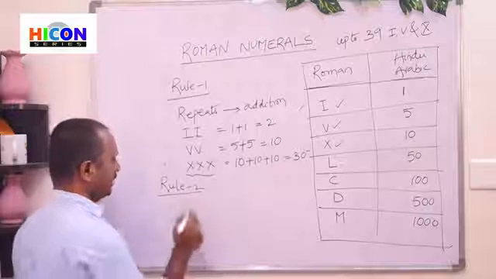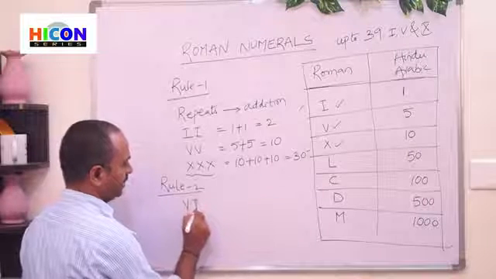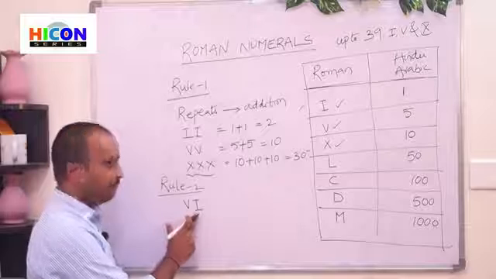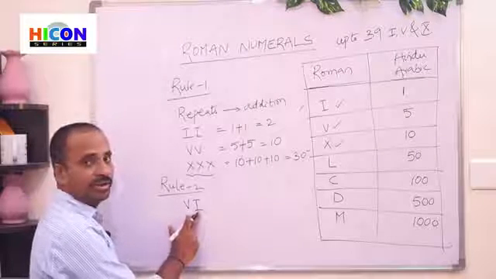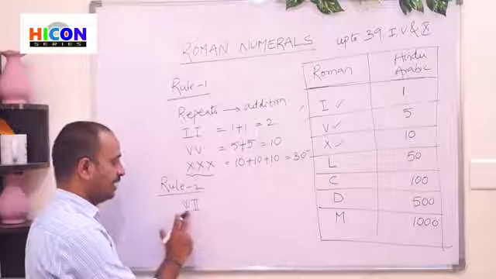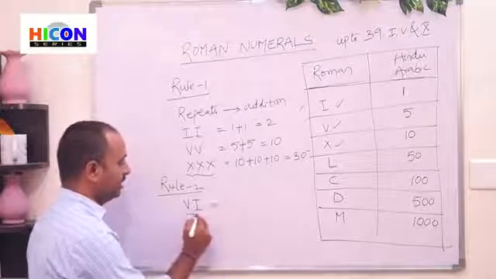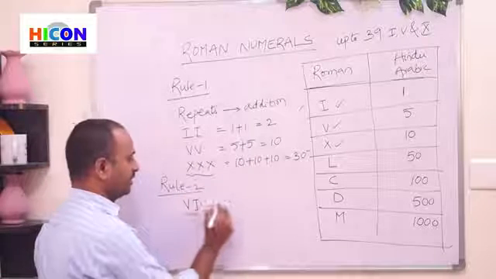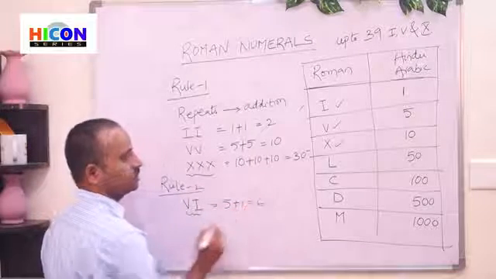For example, VI. Children, I is the smaller value and V is the bigger value, and the smaller value I is written on the right side of the bigger value. So we have to add these 2 symbols. That means V means 5, I means 1, 5 plus 1, 6.